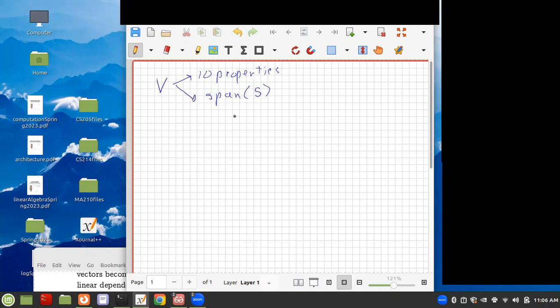Okay, well, these sets S we were investigating last time, and there's a special property of this set S, which is linear independence.